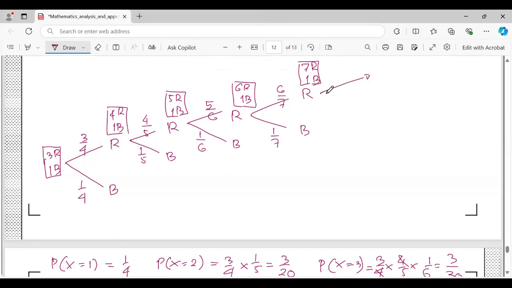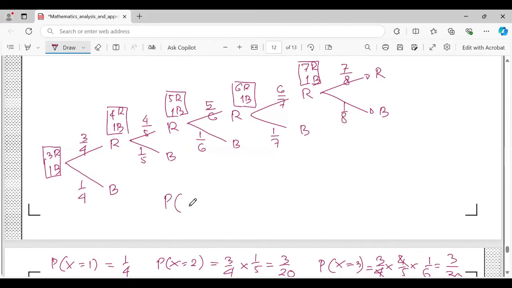And the probability to select red is 7 over 8, and to select B, 1 over 8.